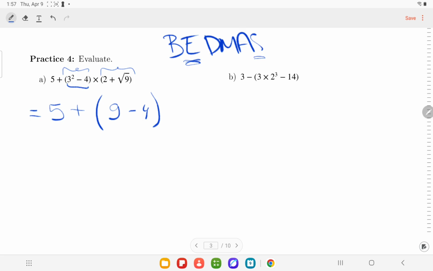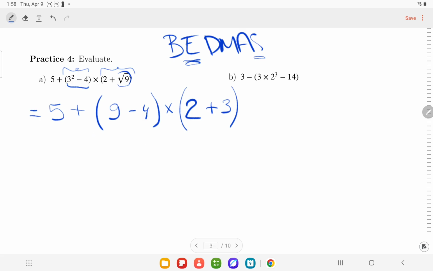So we have to deal with the 3 squared before we subtract these numbers. And then we can look at the other bracket. Once again, the square root is what has to be done before we add those two numbers. So inside the brackets, we will have 2 plus the root of 9, which is 3.